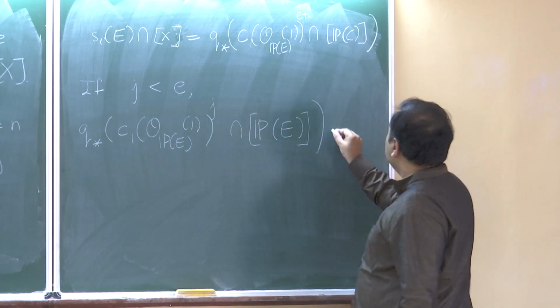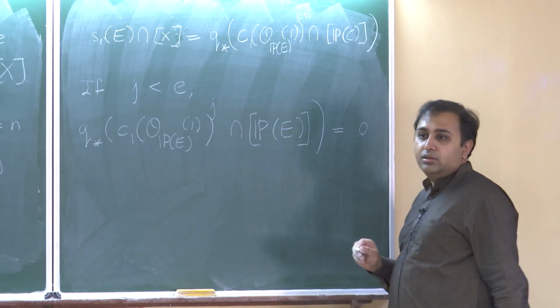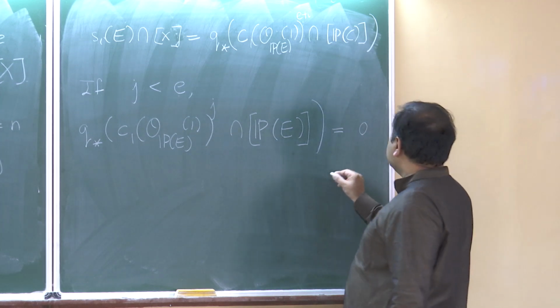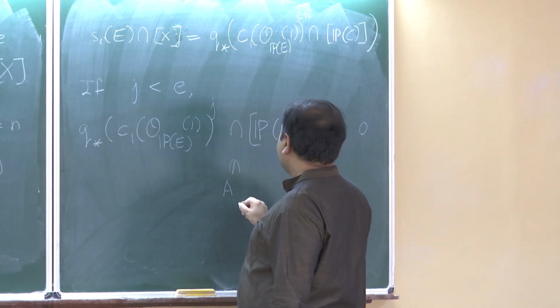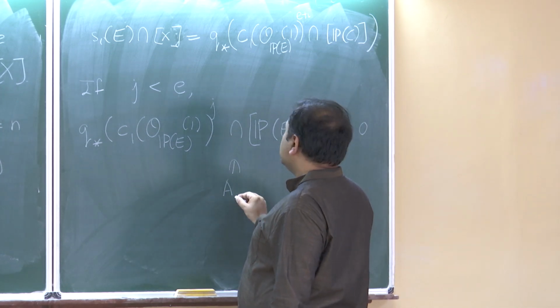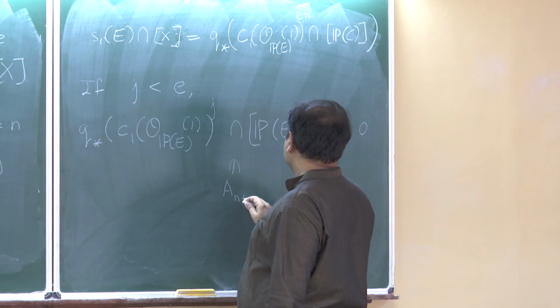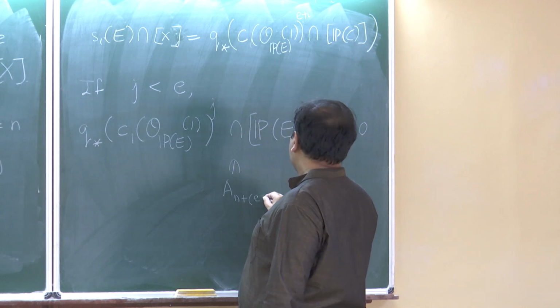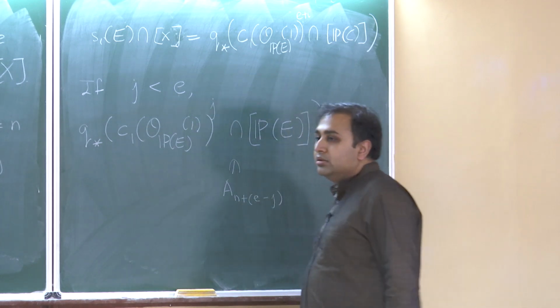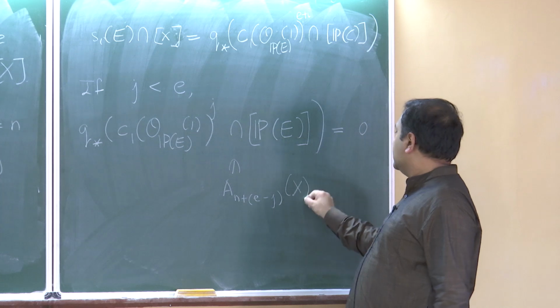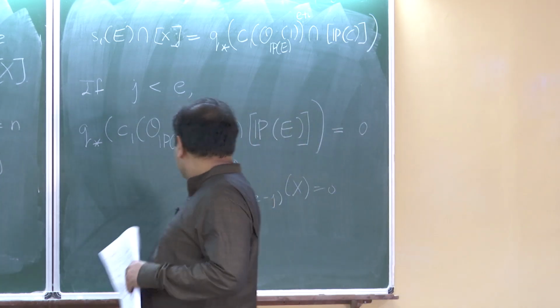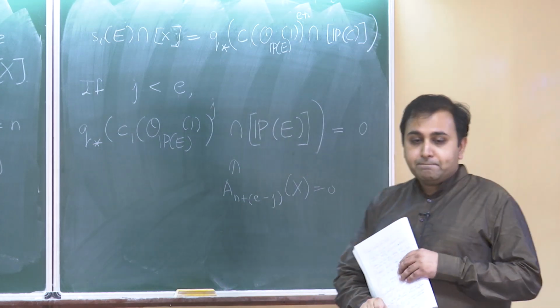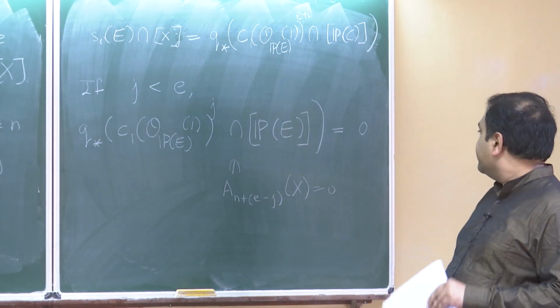So this is equal to 0, right? So this is in A_{n+e-j}(X), right?